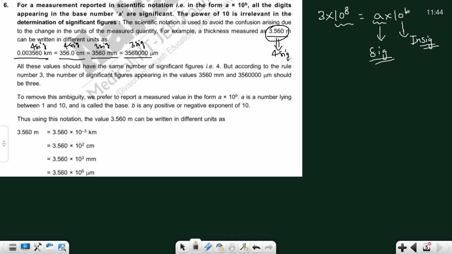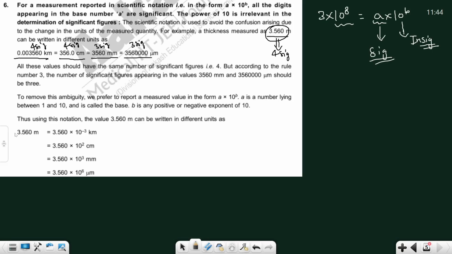So how will you write the meter in kilometer, centimeter, mm or micrometer? Because the original answer carried four significant figures, the final answer after taking a different unit must have the same significant figures.